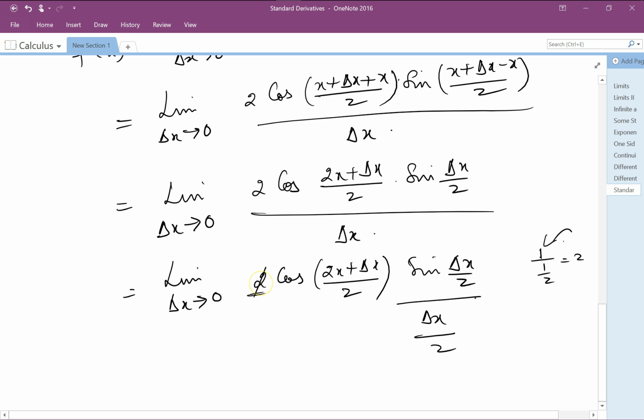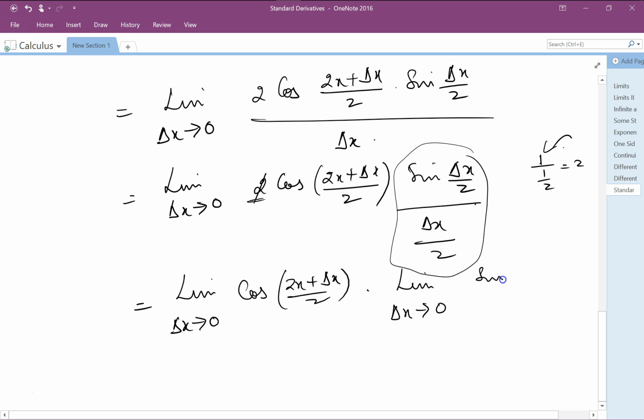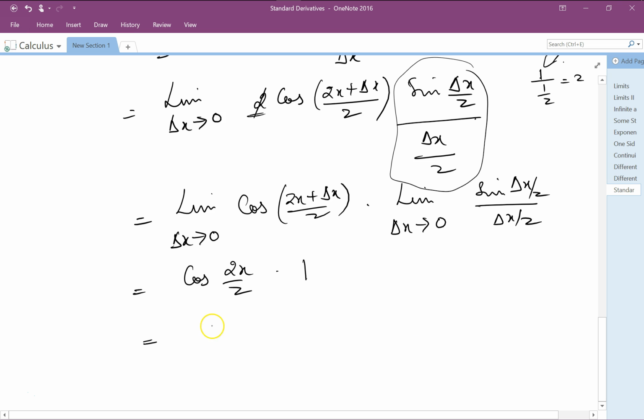So we have taken 2 below. Now you must remember this. If we take the limit, we can split this limit: limit as delta x approaches 0 of cos of 2x plus delta x by 2 times limit as delta x approaches 0 of sin of delta x by 2 by delta x by 2. So here, if we take the limit now, cos of 2x by 2, and this becomes 1. So cos of 2x by 2 is cos x. So f prime of x is equal to cos x.